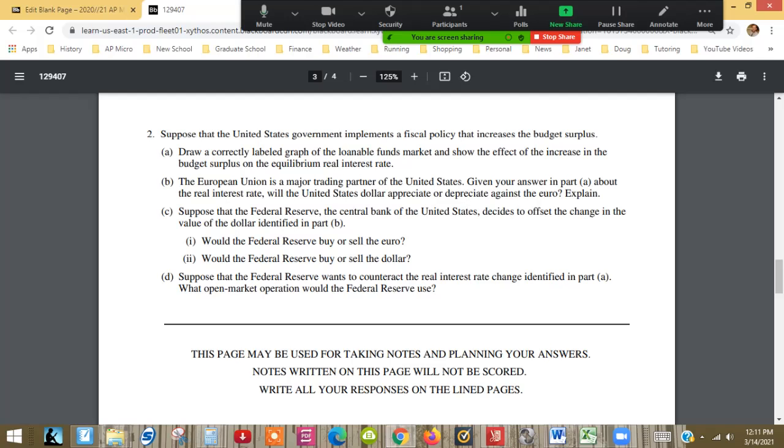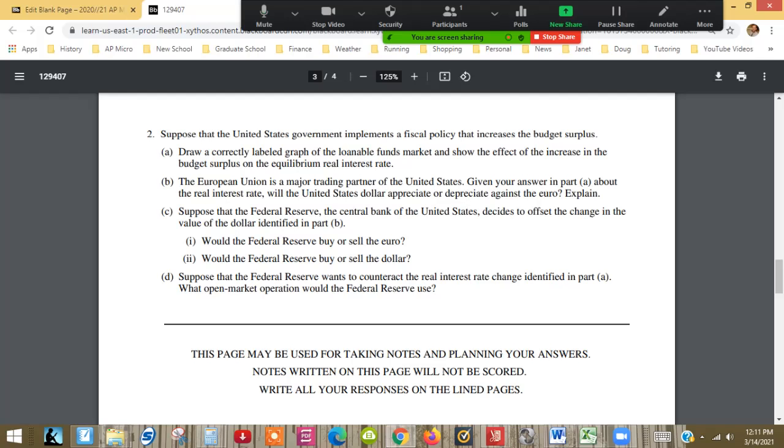So we want to draw a correctly labeled graph of the loanable funds market and show the effect of the increase in the budget surplus on the equilibrium real interest rate. Now, think about that.